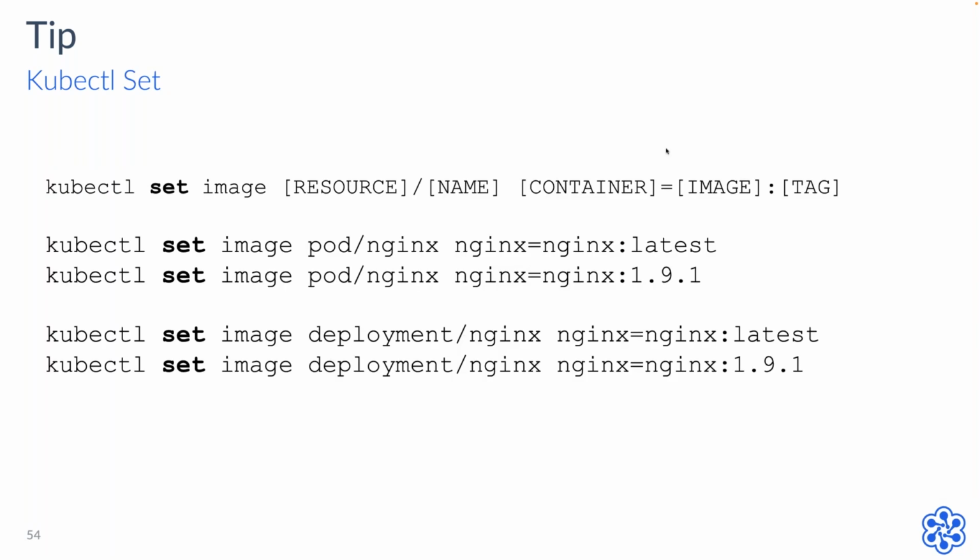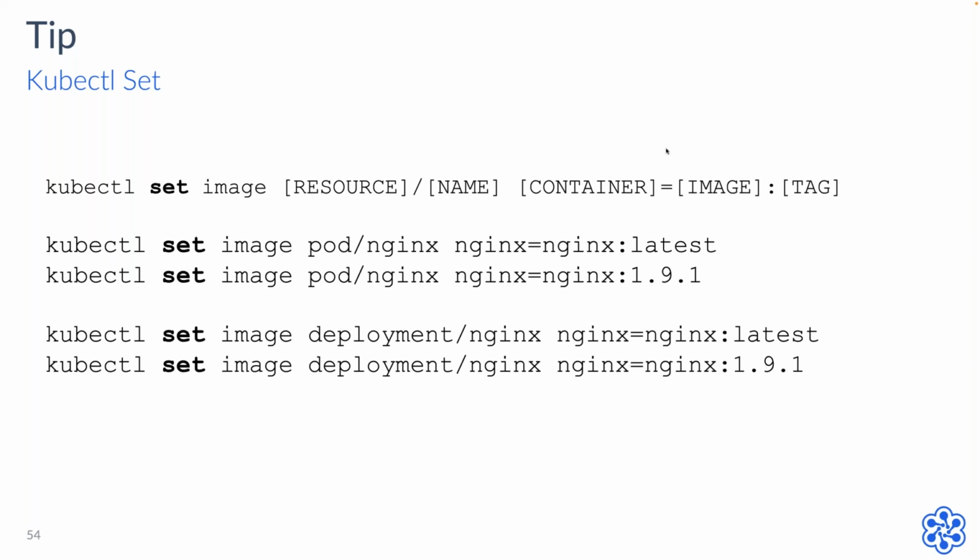Next up is the set subcommand. The set subcommand allows you to do things like update the image in an existing pod, or update the image in an existing deployment. So in the two sets of examples shown here, the first is updating the image for a pod, changing the nginx container image from latest to 1.9.1.